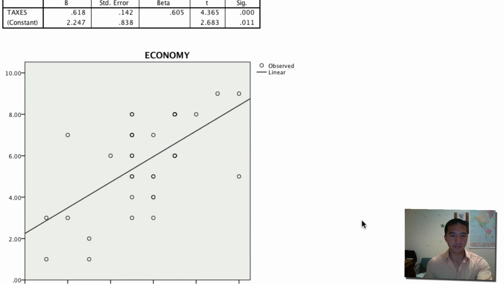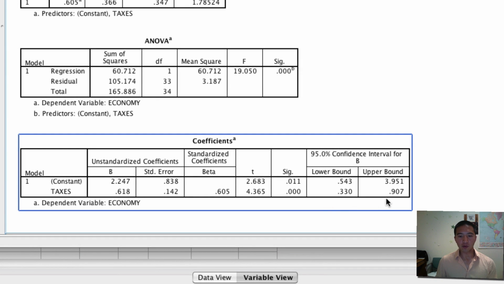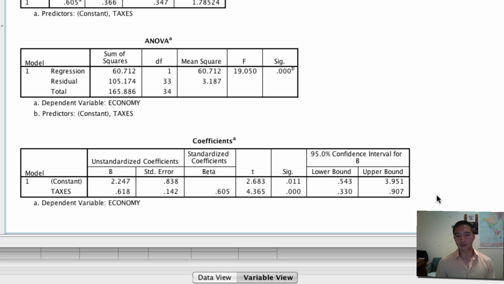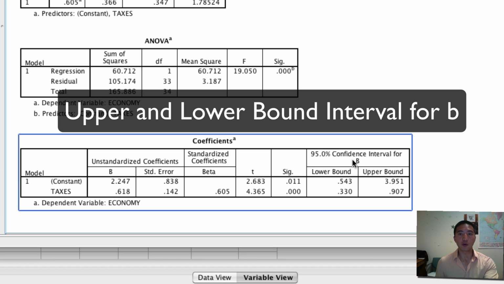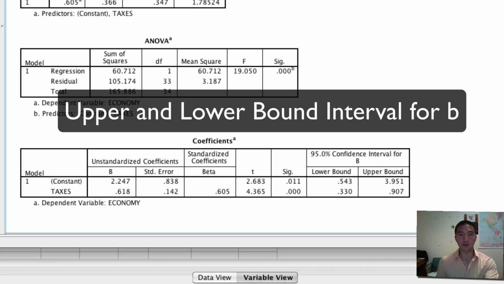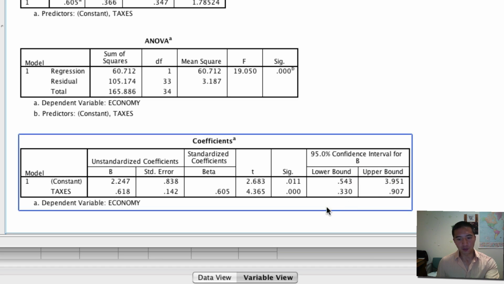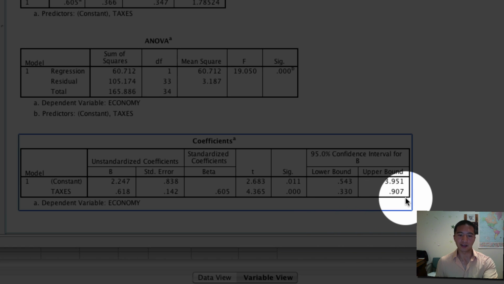Continue. Here we have an upper bound and a lower bound for possible places for B. This is basically saying that we are 95% certain that B, the coefficient of regression value, or the slope of x, is between 0.330 and 0.907.